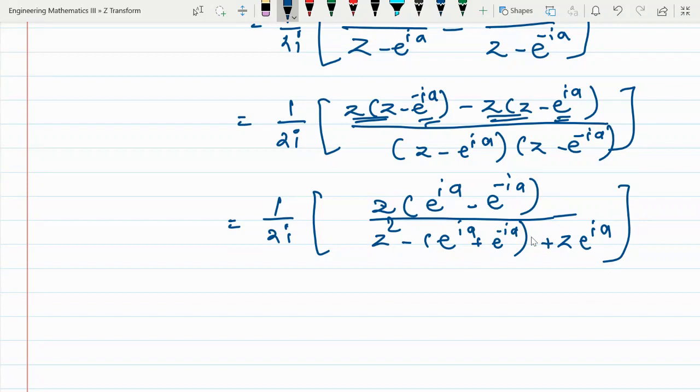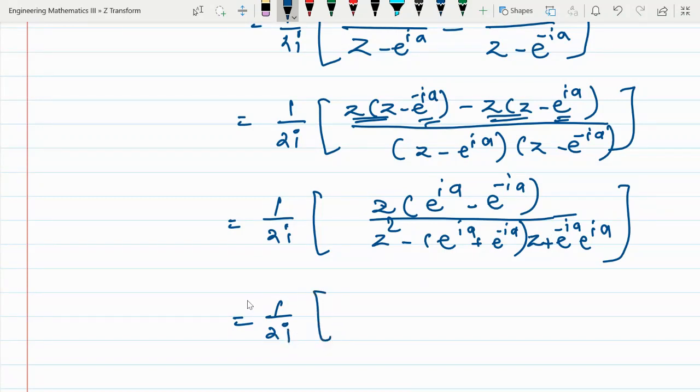Z common, and here if we just take e raised to IA into e raised to minus IA, it becomes 1. So 1 upon 2I is there.